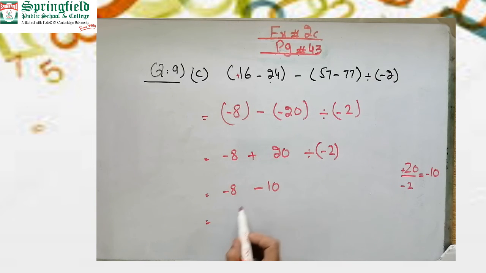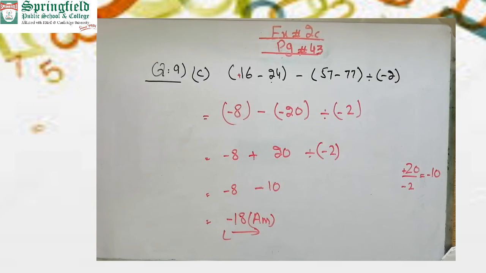So minus minus plus 10 plus 8, 18, and the sign will be minus. Minus 18 is your final answer. Understood beta?